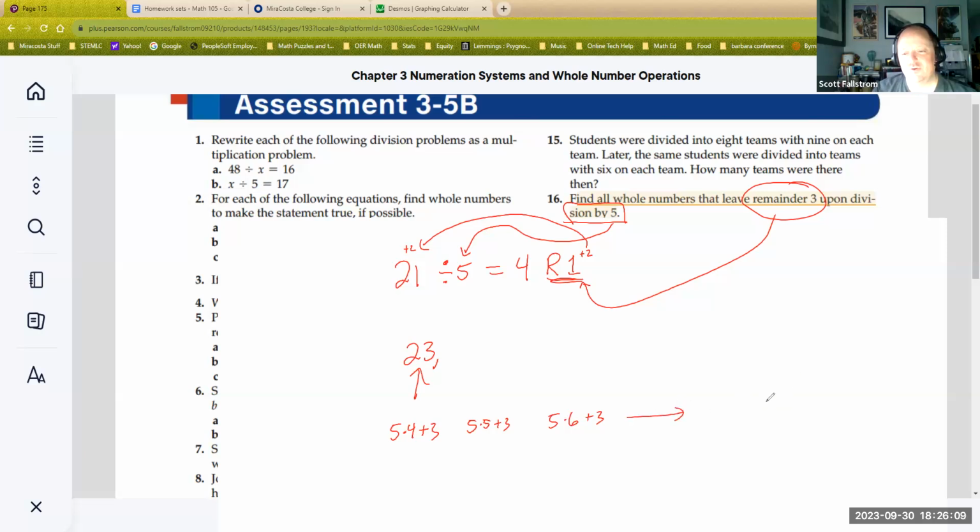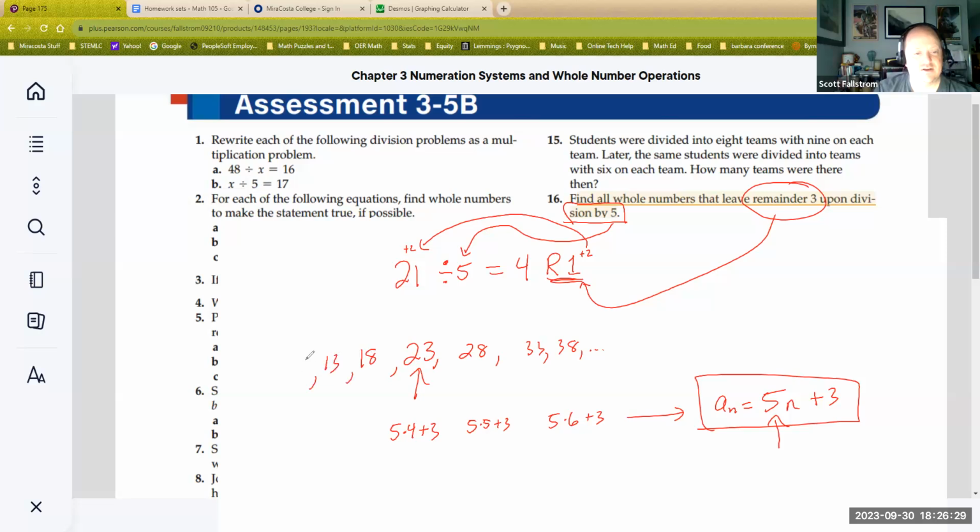And you get this beautiful sequence, which is 5 times whatever number you want plus 3. It's an arithmetic sequence, and your common difference, you guessed it, is 5. So you end up going up by 5, dot, dot, dot. And it can go down by 5 as well. So 18, 13, 8, and 3. So if you want all numbers that work like that, you get this beautiful arithmetic sequence.